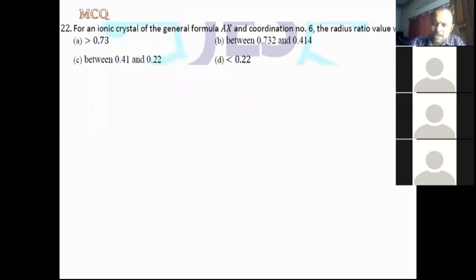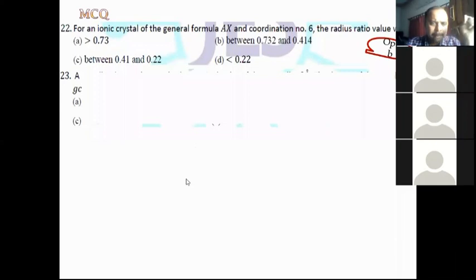Can I get a response in chat, please? Option B. Okay. Yeah, exactly. Very good. So it is 0.414 to 0.732. Anyway, that's the correct answer. So option B.